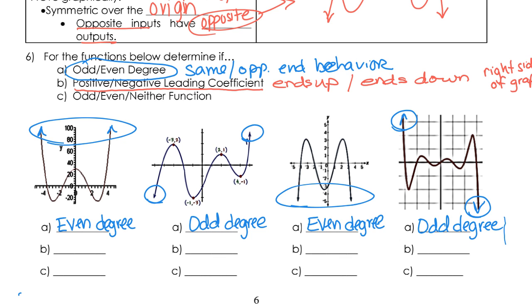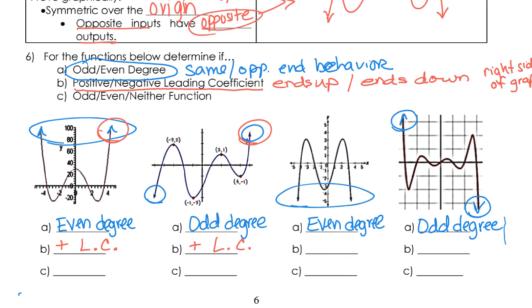All right, so taking a look at our first one here, that end on the right side of the graph is going up, and therefore this would be a positive leading coefficient. Okay, in part B, look at how it ends. That ends going up, and so this would also be a positive leading coefficient.